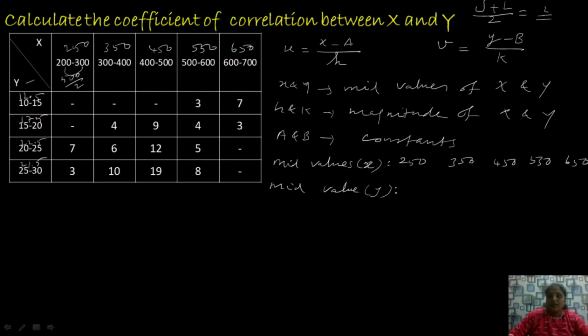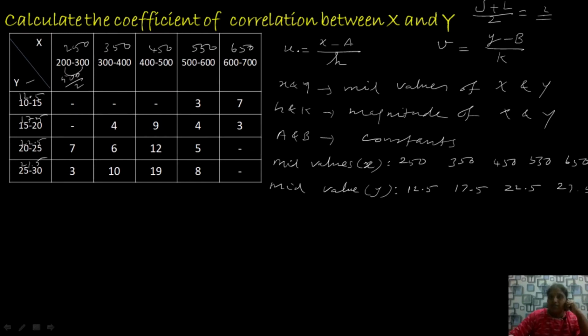So for y you have 12.5, 17.5, 22.5 and 27.5. Now we have to calculate the values of u and v.